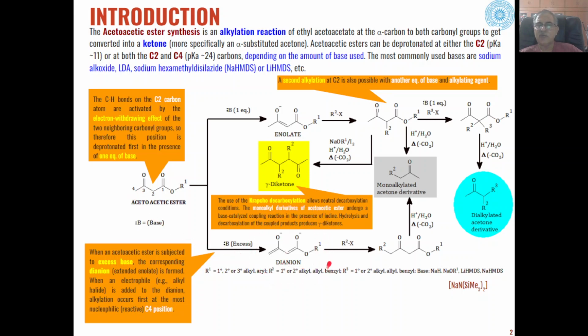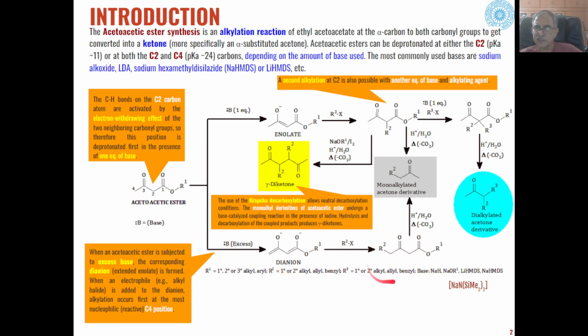When this dianion reacts with one equivalent of the alkyl halide, the attack of the alkyl halide will take place at this carbon, and we will get these types of monoalkylated acetoacetic ester derivatives, where the alkylation will take place at this carbon, not carbon 2.